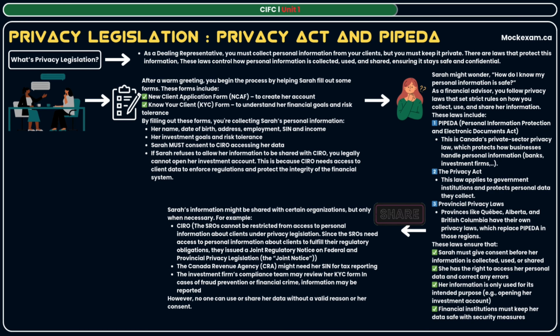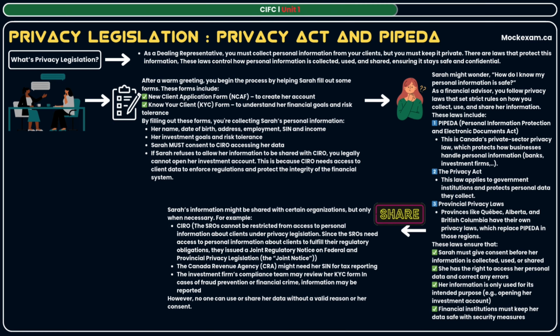So, in summary, with that joint notice, they signed something with provincial privacy legislations and PIPEDA saying, hey, this is called a joint notice, okay? Hey, I want to access your client's personal information because I want to protect this industry and the client and the firm and everyone.